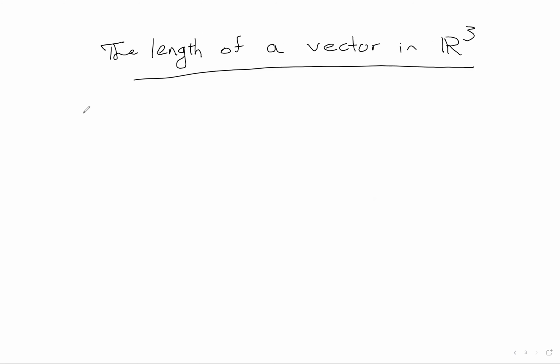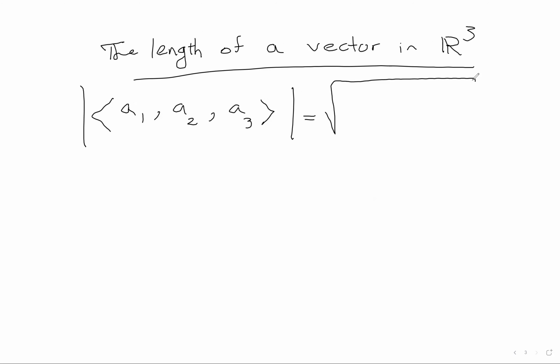So if I have a vector A1, A2, A3, the length, as you might remember in R2, we use the same notation. This means the length. The length is defined as a radical of, in R2, we just have the first coordinate squared and the second coordinate squared under the radical. Here, we have the first coordinate squared, second coordinate squared, and the third coordinate squared.